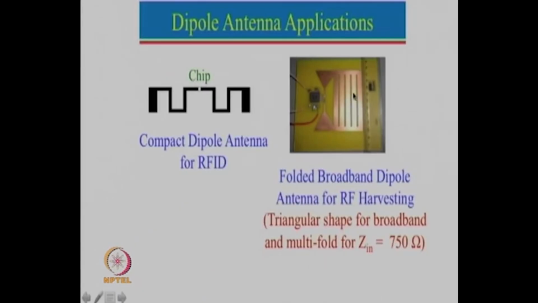So now I will show you some other applications of dipole antenna. The conventional applications are known. We know that a dipole antenna can be used, let us say, as a transmitting antenna or receiving antenna, or dipole antennas have been used in arrays to design a high gain antenna.